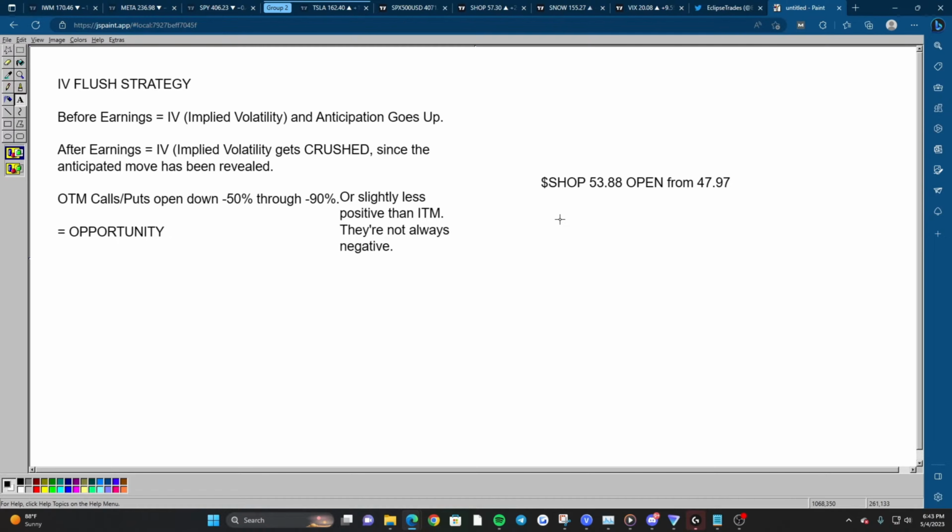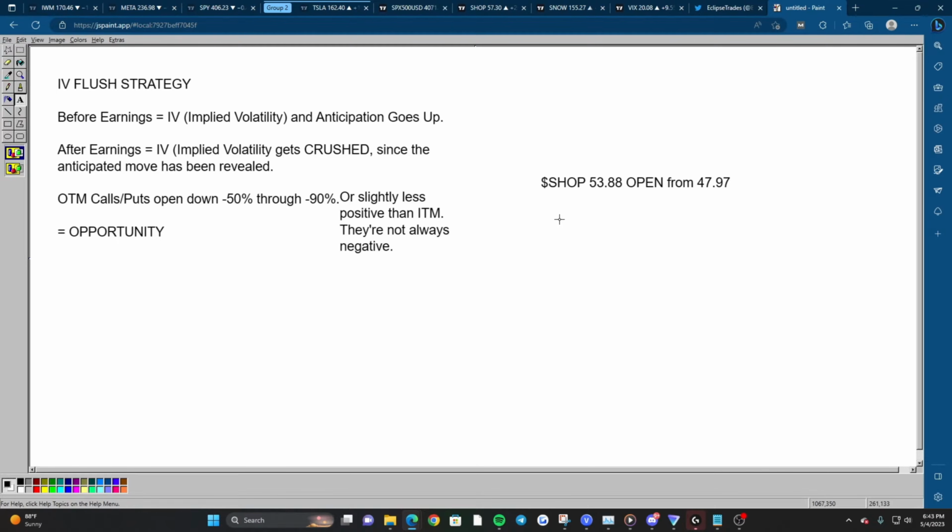Even though Apple went from 165 to 168, yes, it did go up, but those 170 calls will be red if it does not open at or above 170 tomorrow. Why is that? I've explained it to you. It's because of implied volatility. If it's not in the money on earnings, the IV goes from being super high to getting crushed, because it's been revealed what's going to happen. So if you're not on the dot, you'll lose money.